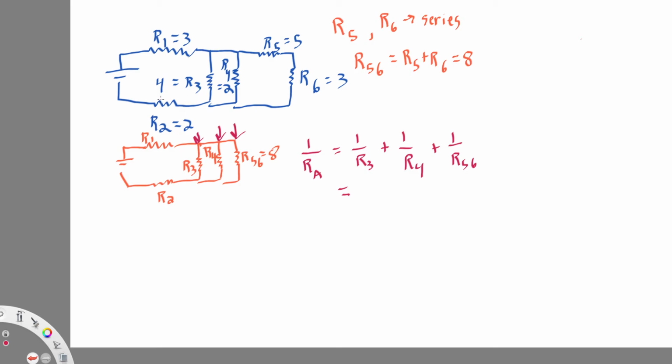So R3 is 4, so 1 over R3 is a quarter. R4 is 2, so 1 over R4 is a half. And R5,6 is 8, so 1 over that is 0.125, an eighth.